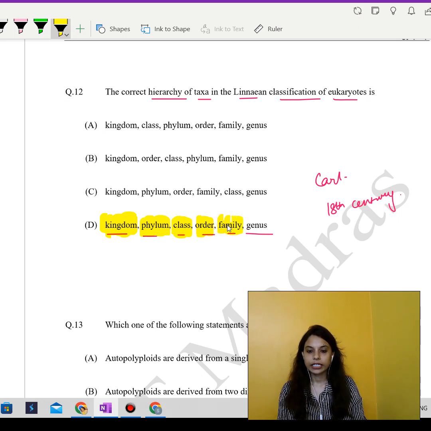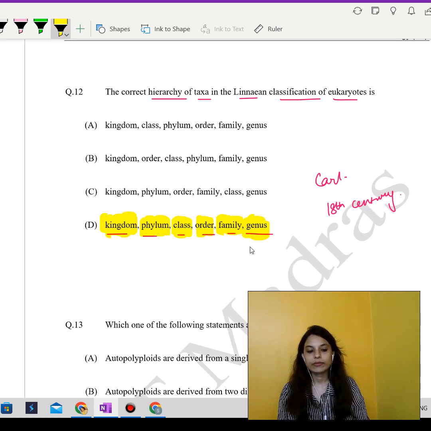Next is family. Family organizes the orders based on even closer relationships, like hominidae within primates. Then comes the genus. It groups closely related species that share many characteristics, for example Homo within hominidae.